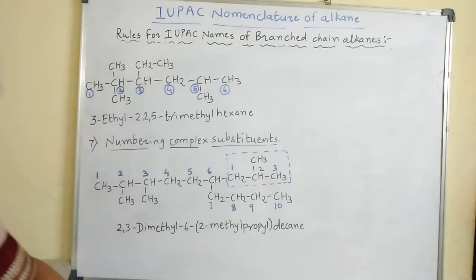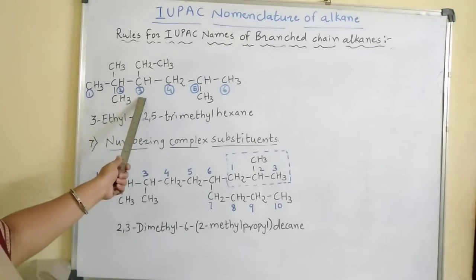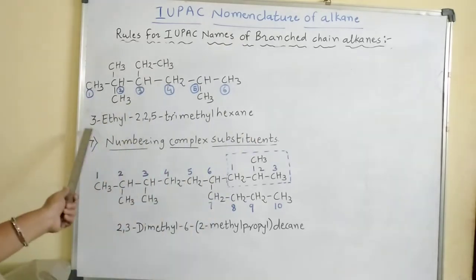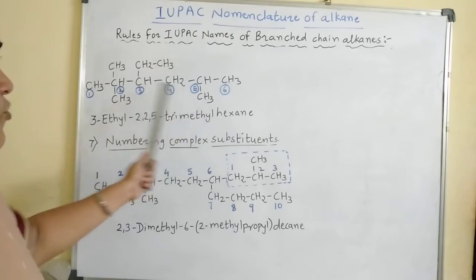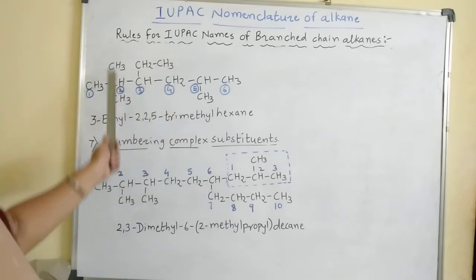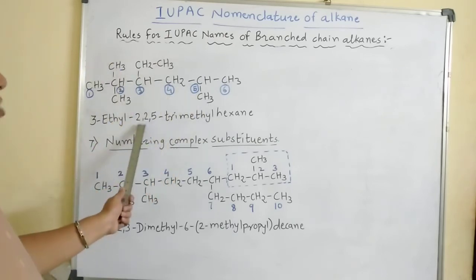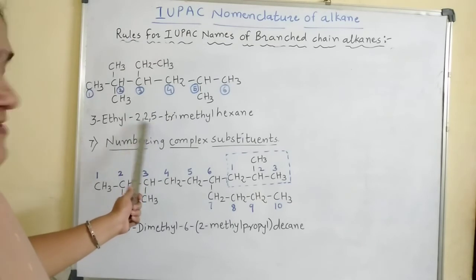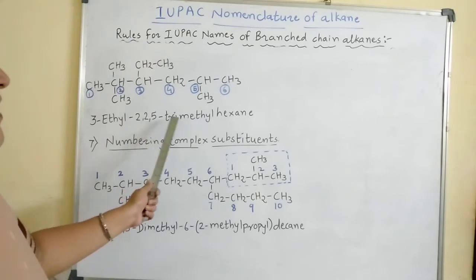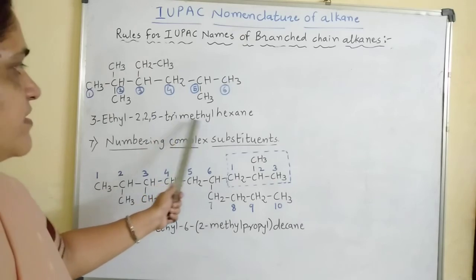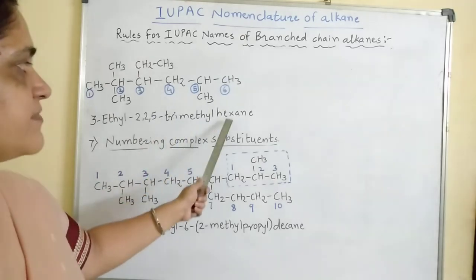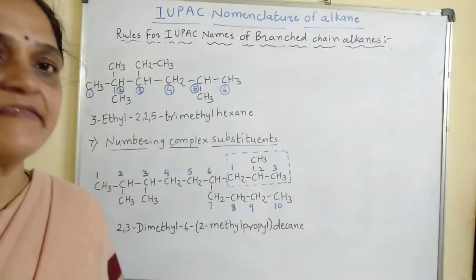But while writing the name, we are going to write the ethyl group's name first. So locant is 3-ethyl. Then carbon number 2 and carbon number 5 both are carrying methyl groups. So total 3 methyl groups, so 2, 2, 5. These are the locants for the methyl groups. 3 methyl groups are there, so prefix tri is used, and trimethyl, and total 6 carbon atoms are there, so our parent hydrocarbon is hexane.